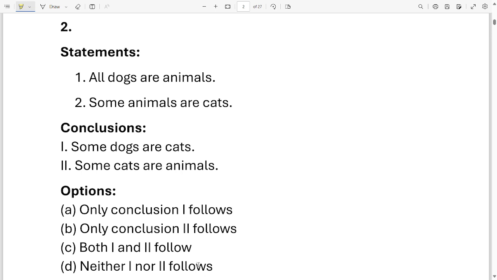Which one is correct? It is option B. Only conclusion 2 follows, which is some cats are animals.